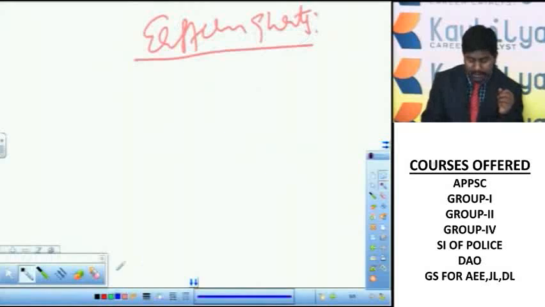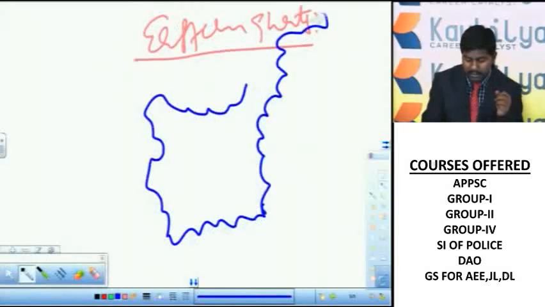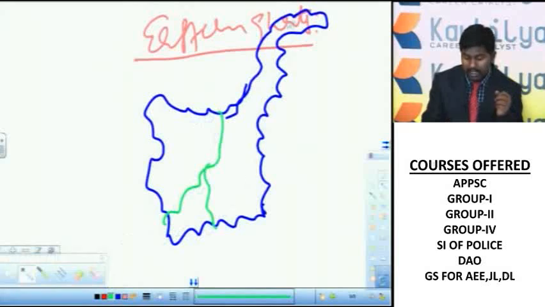Here these Eastern Ghats are located in between the coastal plains and plateau region, right from Srikakulam up to Chittoor district, and in Kadapa and Kurnool districts.